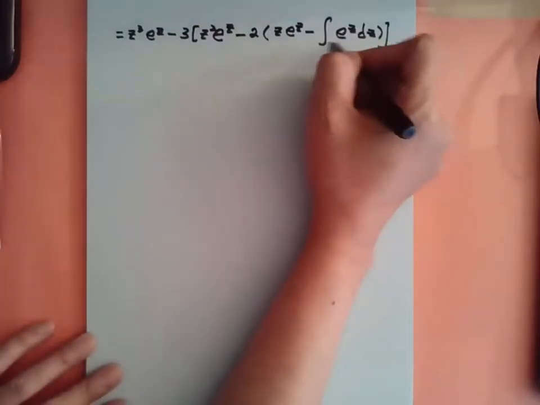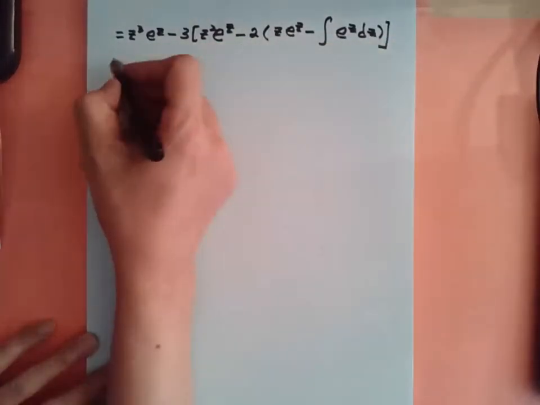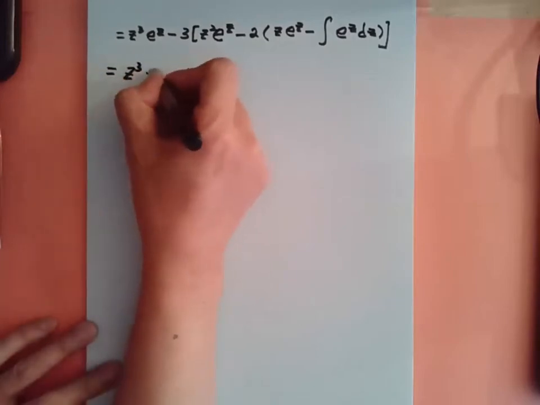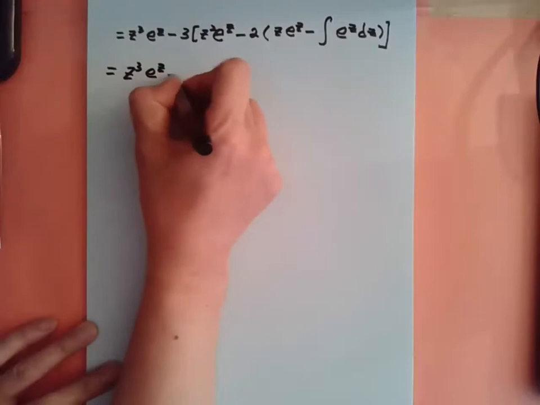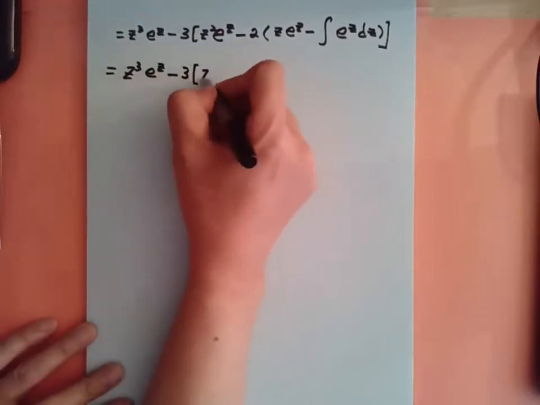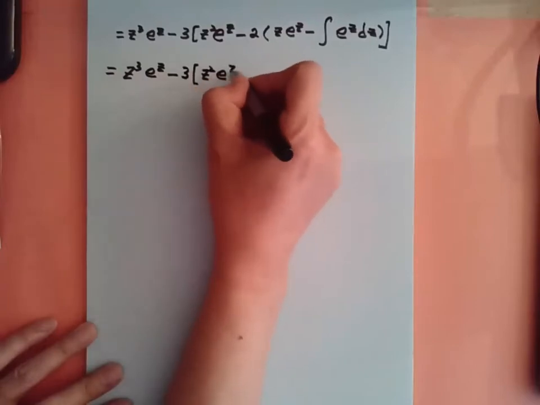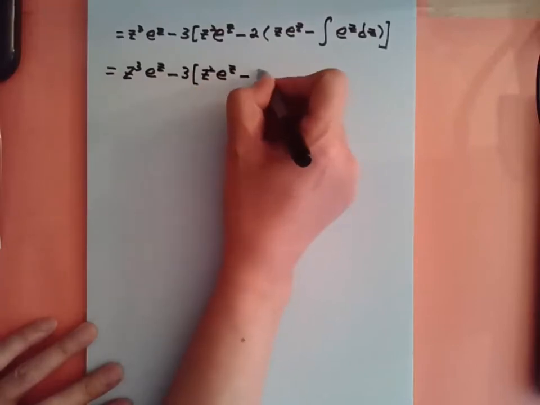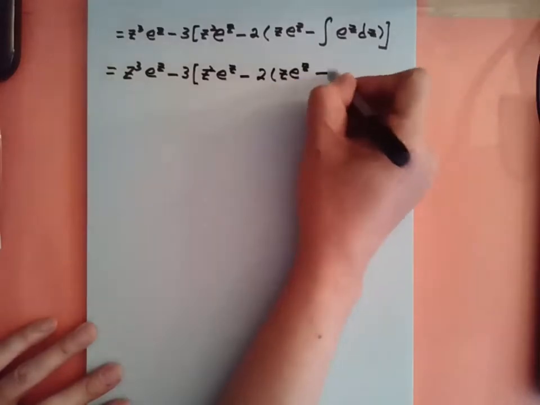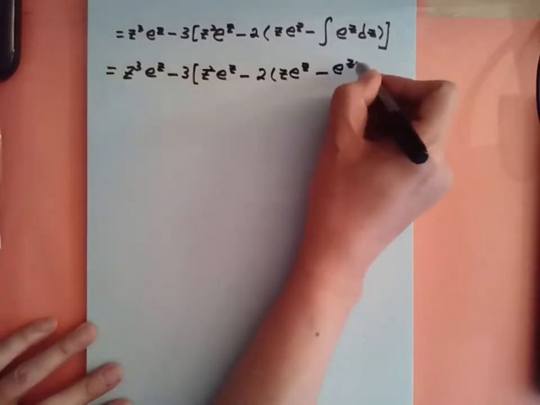But this one is just e to the z. So let's write that down again: z cubed e to the z minus 3 open bracket z squared e to the z minus 2 times z times e to the z minus the integration of this one, which is e to the z, right?